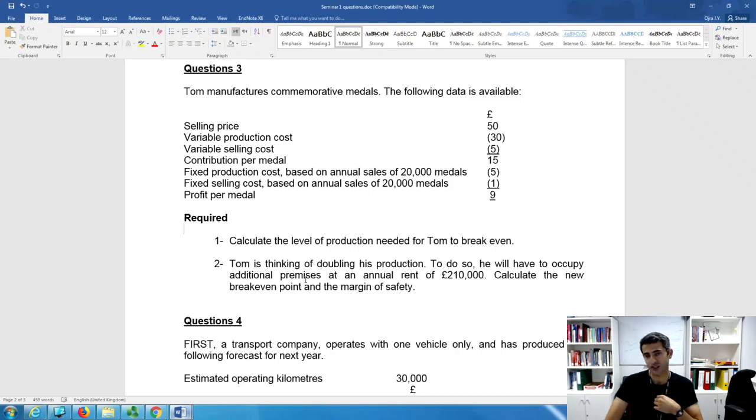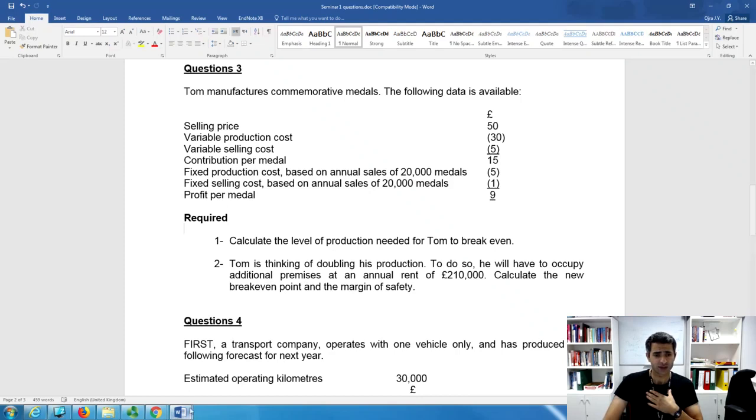So he needs to add extra fixed cost, £210,000. We have £120,000 fixed cost so far, and now we need to add an extra £210,000, because he wants to double his production from 20,000 medals to 40,000 medals. Calculate the new break-even point and margin of safety.